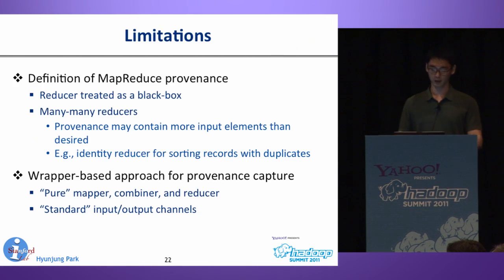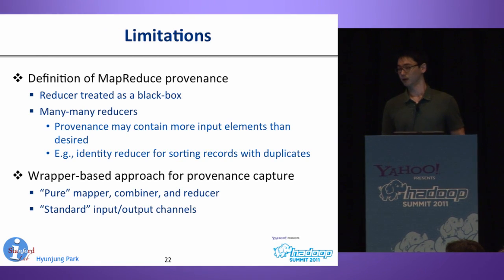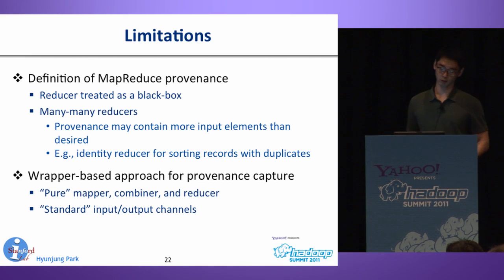So before we conclude, there are a couple of limitations in our system. One comes from the definition of MapReduce provenance. When we define the provenance for a reducer, we define the provenance of an output element as the entire group of map output elements with the same reduce key that produces the output element. So essentially, we treated the reducer as a black box.